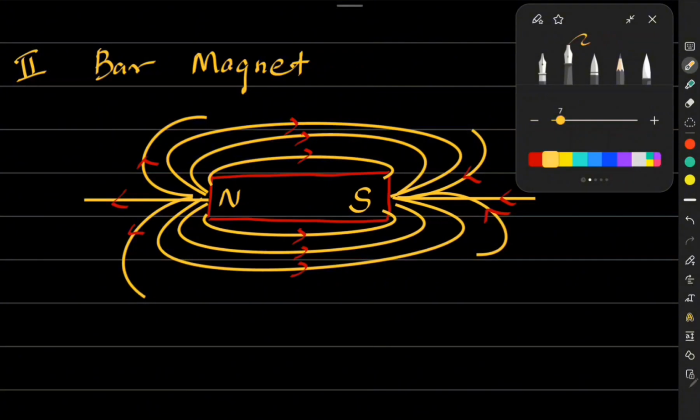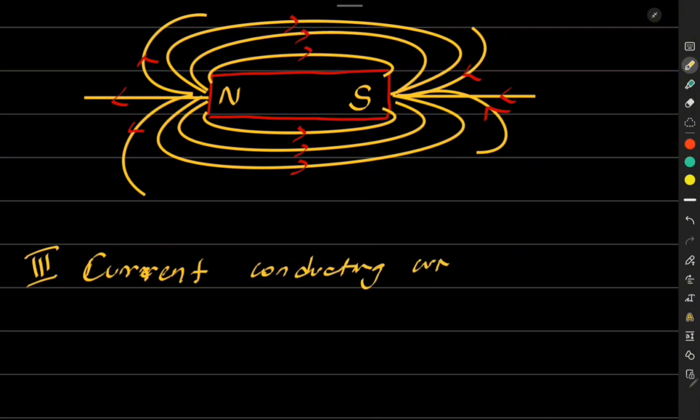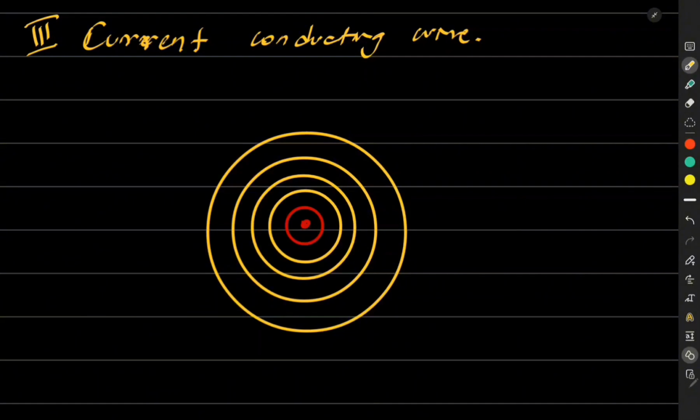Next, our third one is the magnetic field in a current conducting wire. Suppose this is a current conducting wire at the center, coming out perpendicular to the paper, perpendicular to the screen. If we place our hand like this, the thumb should point in the current moving direction.